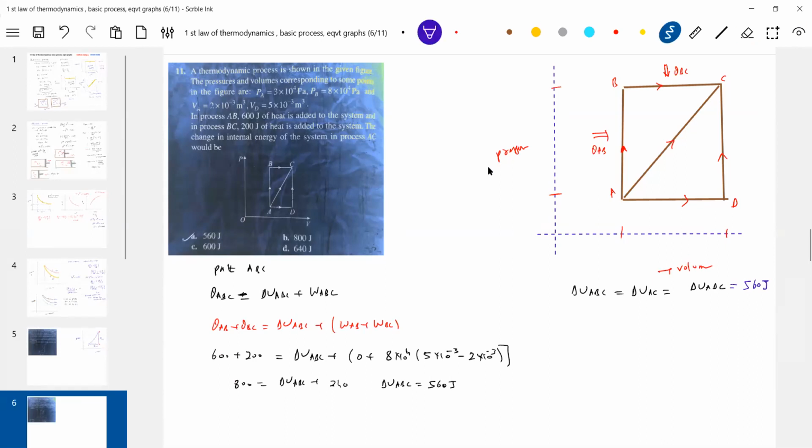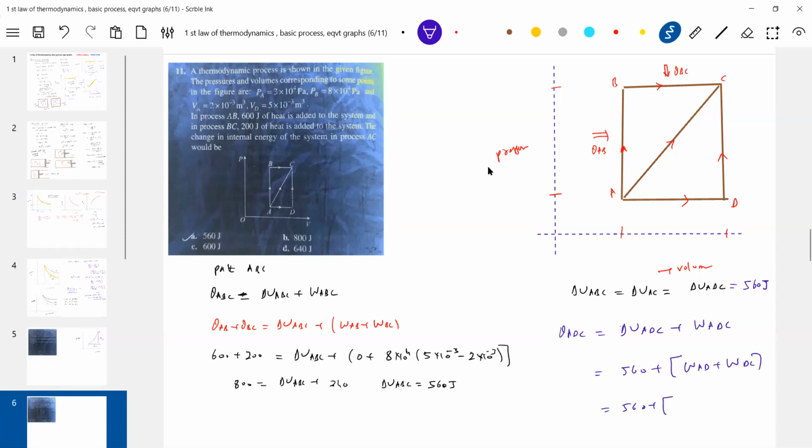After this, I want the path ADC also. So QADC is equal to delta U ADC plus W ADC. QADC I want, the total heat absorbed in the path ADC. So delta U ADC I know, 560. Work done in the path AD plus work done in the path DC. Anybody, work done in the path AD?